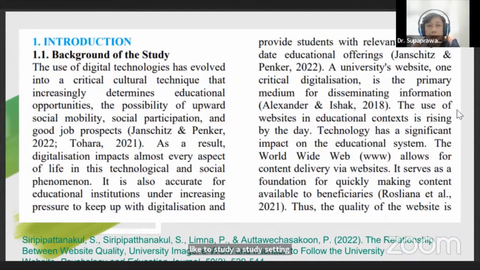The introduction part comprises 2 parts: the background of the study and the problem statement. The background of the study is the explanation. You start by explaining the problem in the sector or industry.